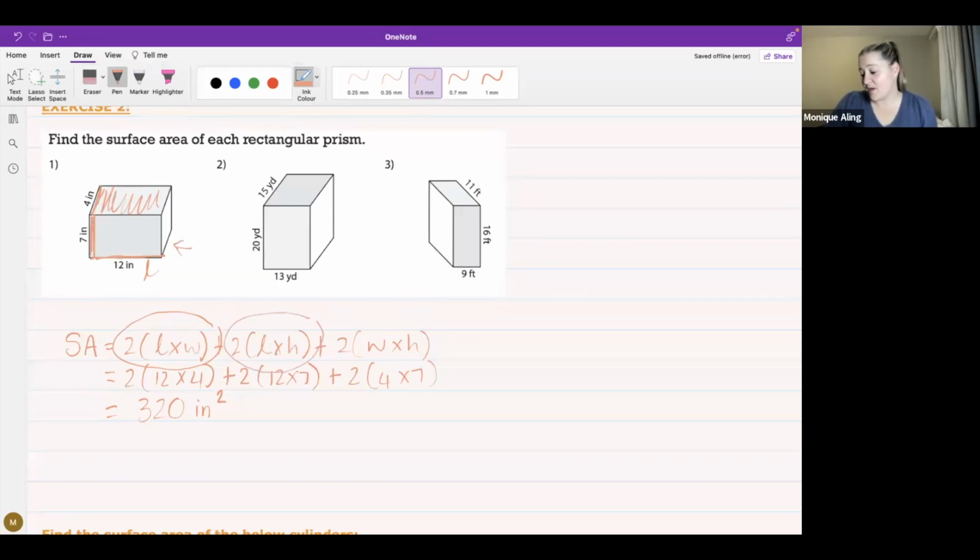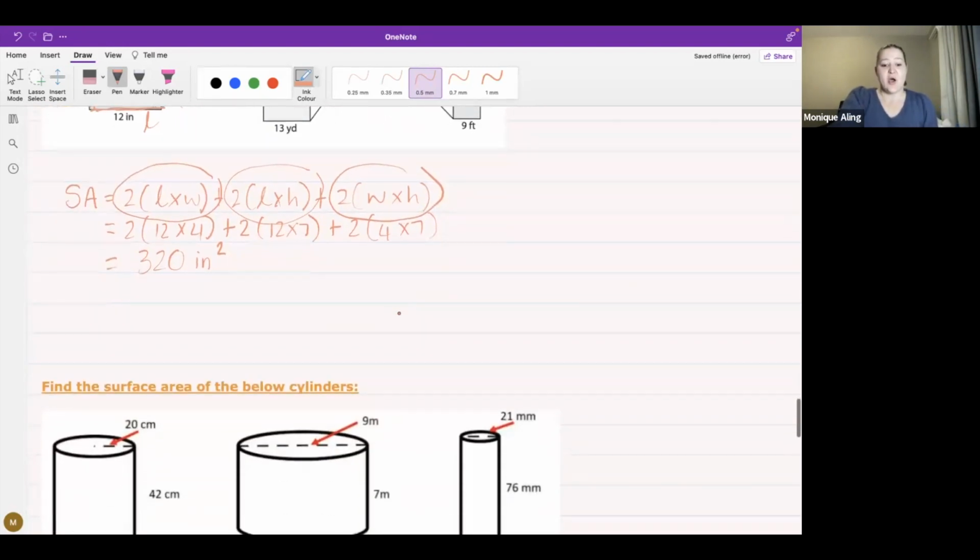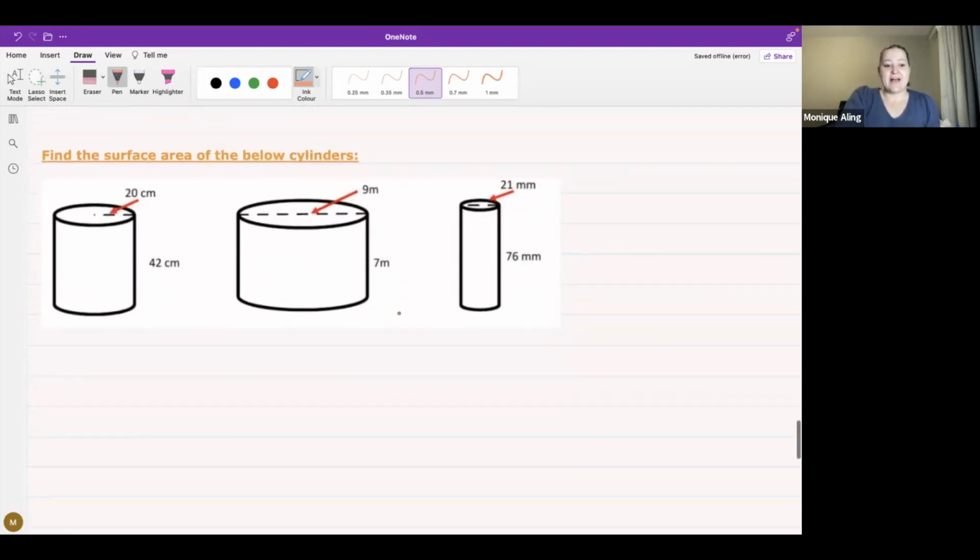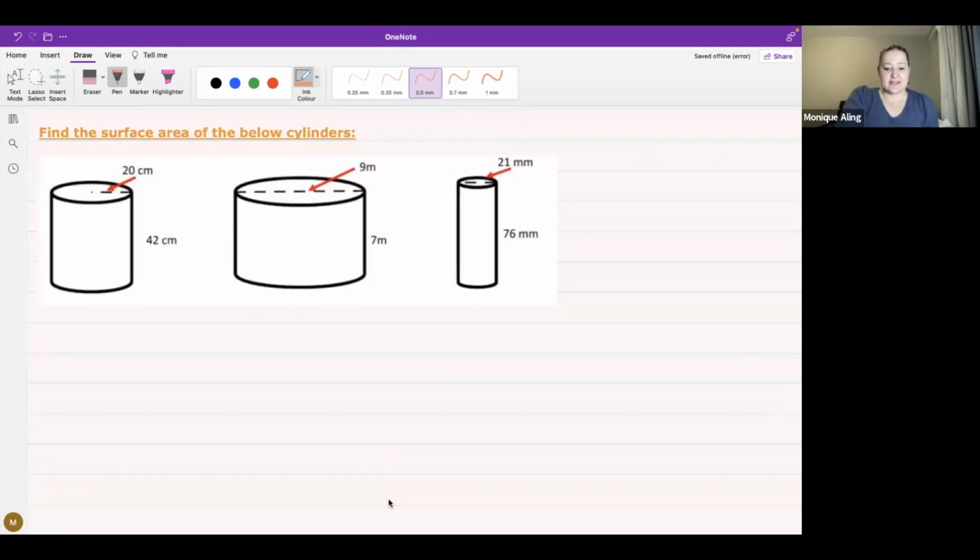The middle part of the formula works out the front side of your shape and the back side, and then the last part of the formula works out the two sides. So all we're doing is working out the area of a rectangle 6 times, but remember, all these rectangles are slightly different sizes. As you can see, it's the area of a rectangle 6 times. They just have different dimensions. All right, let's have a look at the cylinder.